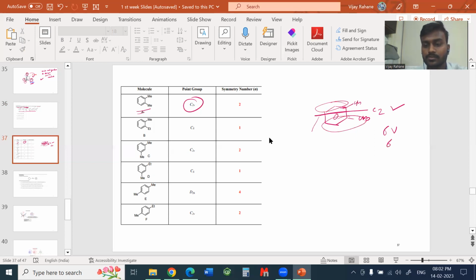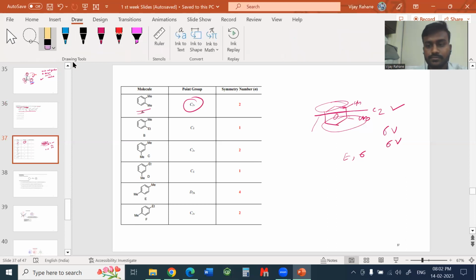So this one is also another plane. So identity, sorry, identity present, the C2 present, and two sigma V are present. So this molecule belongs to the C2V point group, right?